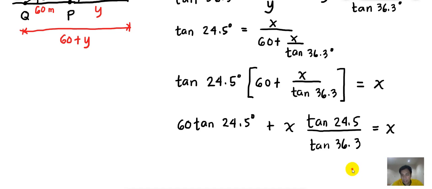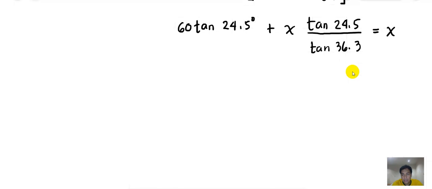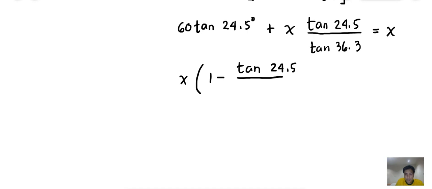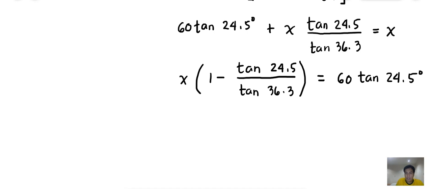So we need to solve for x in terms of all the other quantities. We can combine these two quantities since they contain x. It becomes x multiplied by 1 minus tangent of 24.5 degrees over tangent of 36.3 degrees, and this is equal to 60 tangent of 24.5 degrees.